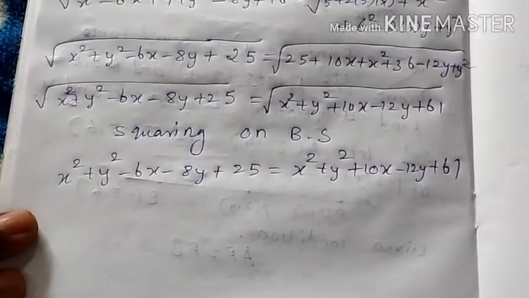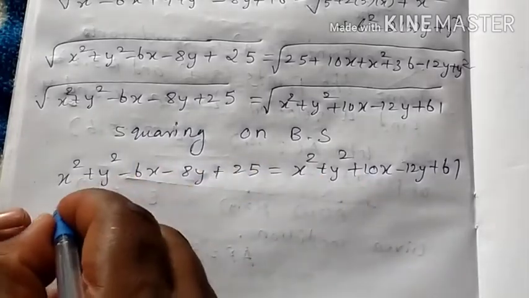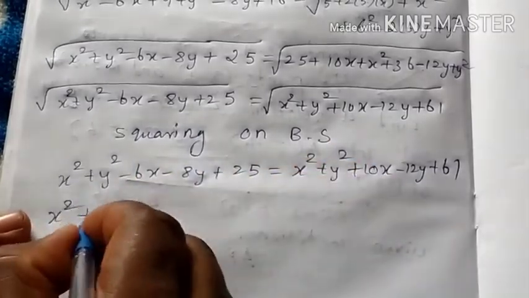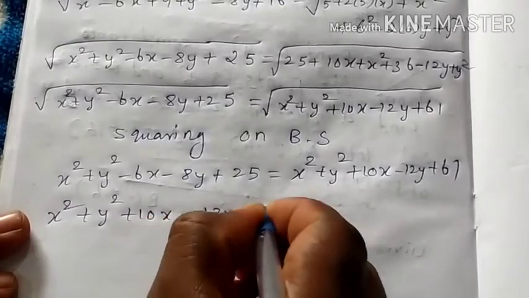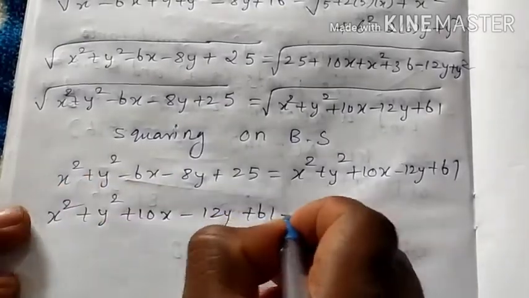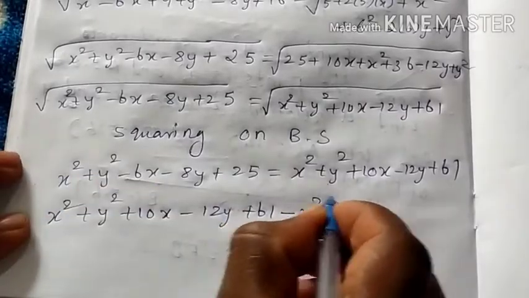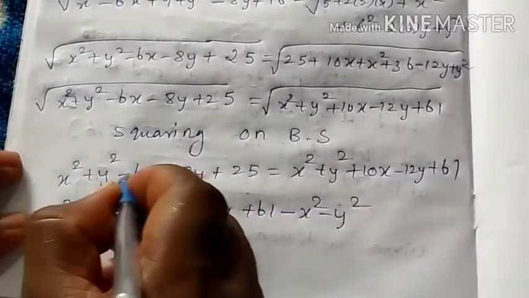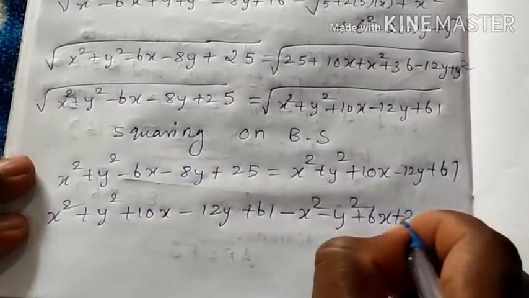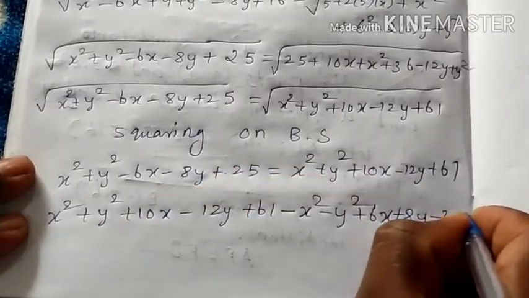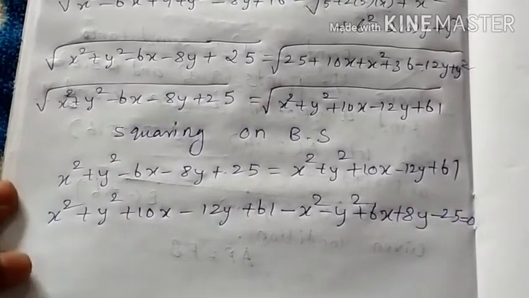Then making the transposition, the RHS side x square plus y square plus 10x minus 12y plus 61 comes across, and we get minus x square minus y square plus 6x plus 8y minus 25 equal to 0.